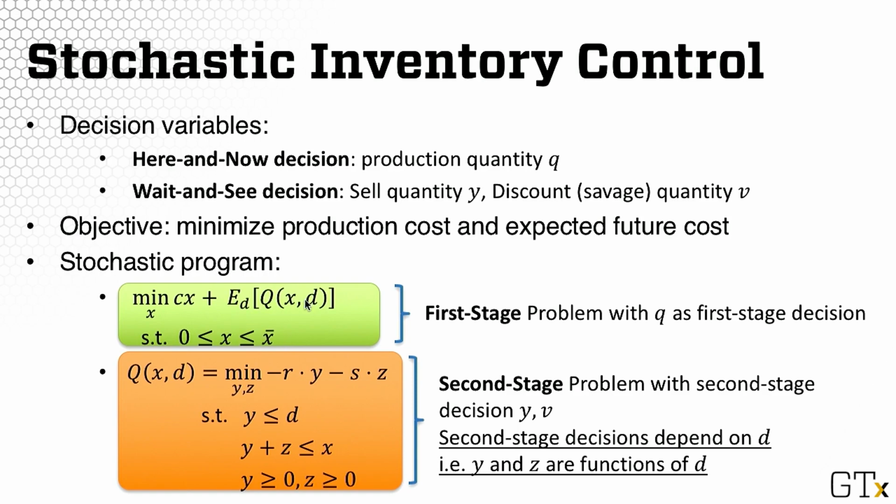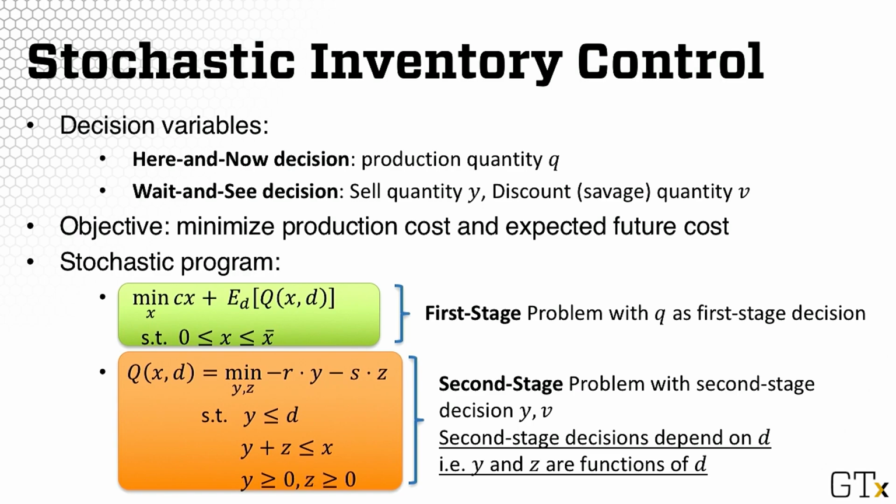Within the first stage problem, the second stage decision determines the future cost, or in fact the future revenue, or the negative of the revenue as a future cost. That future cost is determined by a minimization problem, because after the company sees the demand and after the production quantity is fixed, the company wants to make as much revenue as possible, or minimize the cost. So that's the second stage problem.